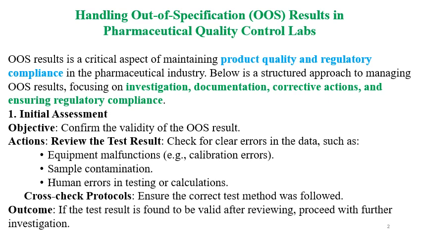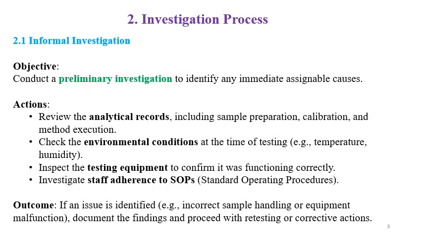If the result is not valid, then you cannot say that the result is OOS. But if the result is valid, that means OOS happened and now the investigation process should start.